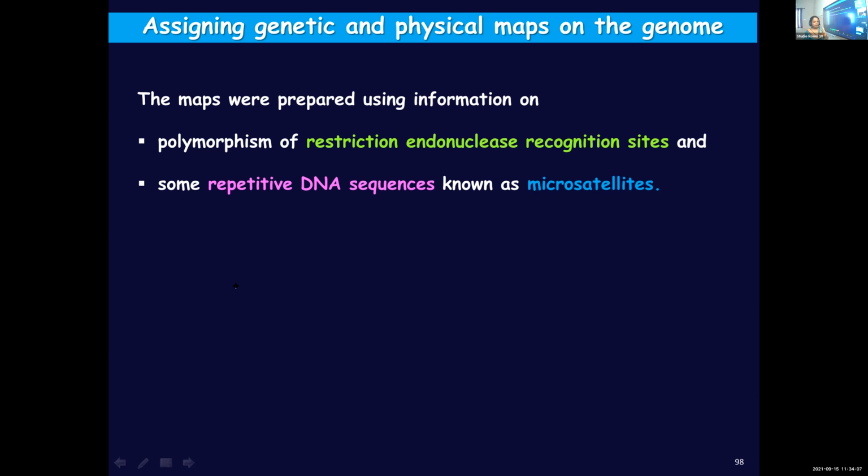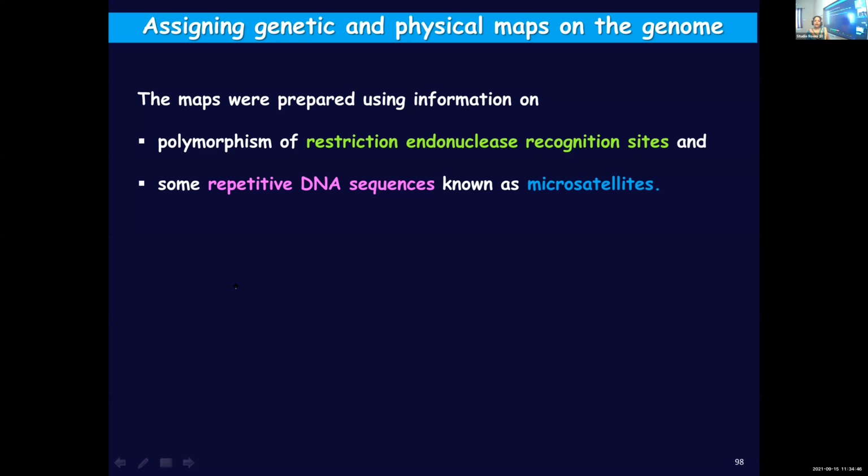Among different organisms, the character is expressed differently. Here it is genetic variability based on the polymorphism of restriction endonuclease recognition sites. Earlier I told you, DNA is isolated, then it is broken up into several fragments, and enzymes are used for the process. Restriction endonuclease is the enzyme used for cutting the DNA into fragments.